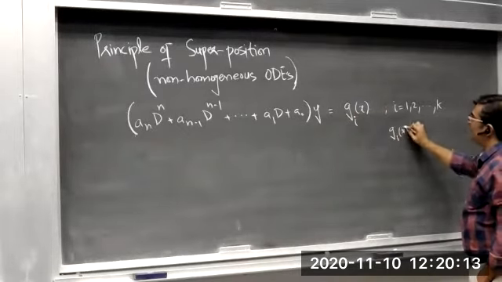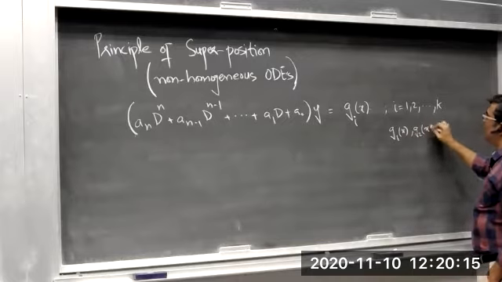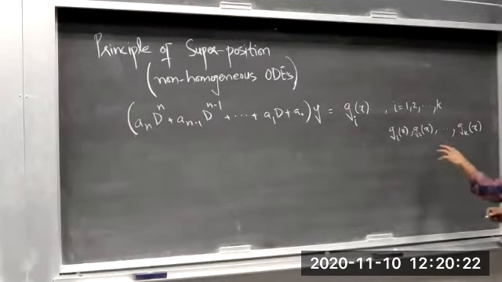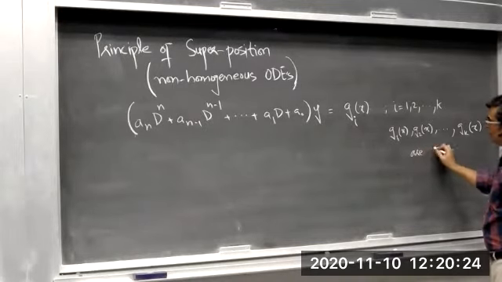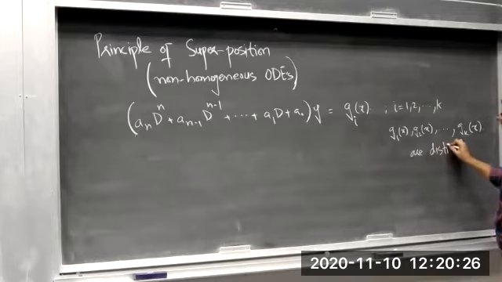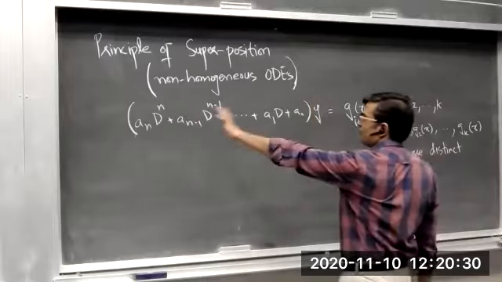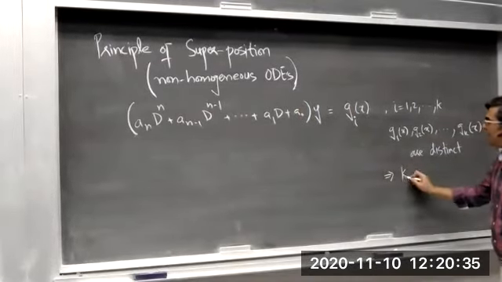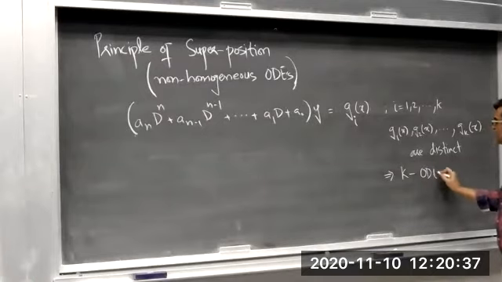Means g1 of x, g2 of x, and so on, gk of x. Also known that all these functions are distinct. They're not identical. So how many differential equations do we have here now? K differential equations. We obtain k ODEs.